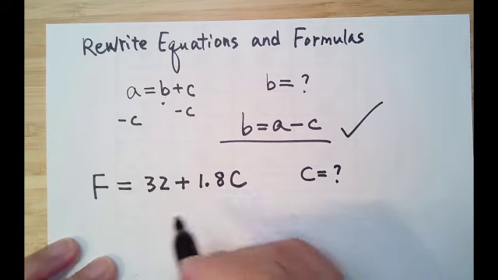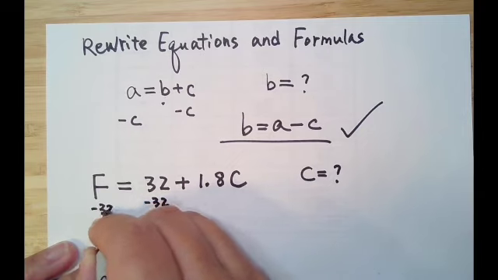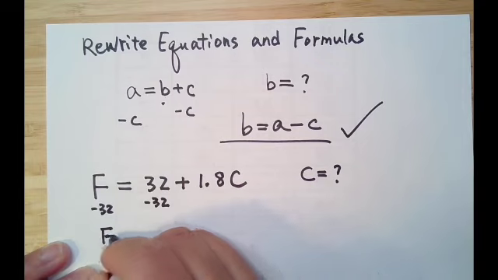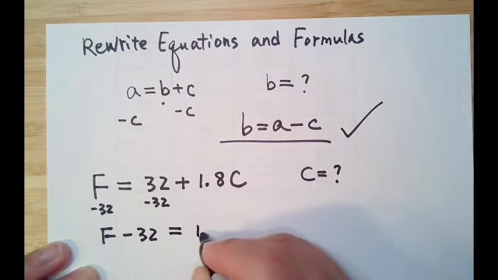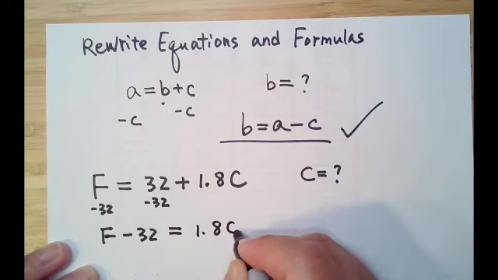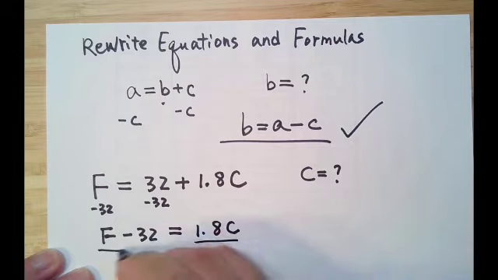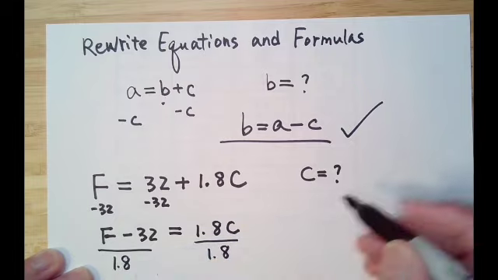How should I do that? I subtract 32 on both sides. So I will have F minus 32 equals 1.8 C. And then I need to solve for C, so I divide by 1.8.